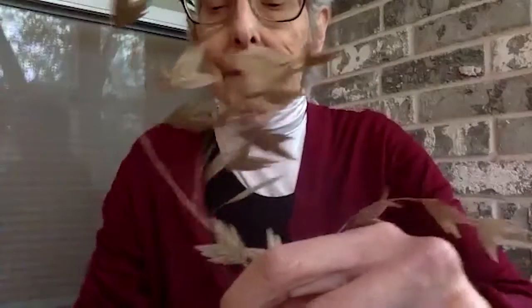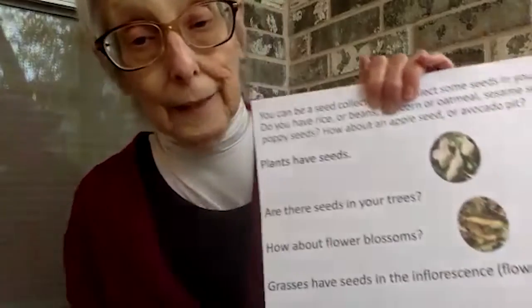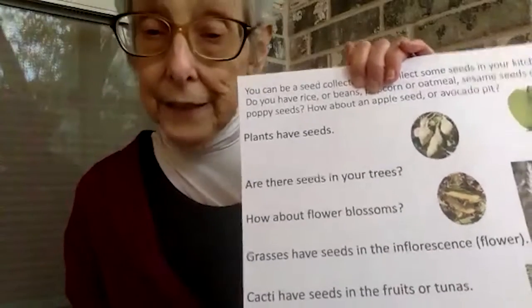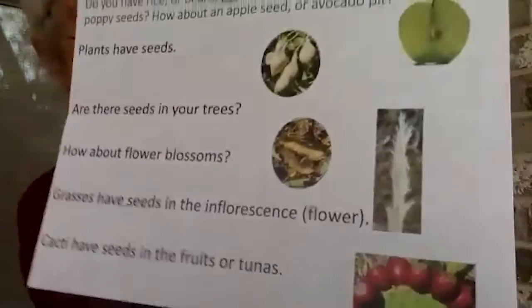There we go. So you can see the grass seeds, and you can do a walk to find all sorts of seeds. Maybe if you're lucky, you'll find some seeds in fruits, like the Eve's necklace beads I showed you earlier. So you can find seeds in lots of different places.